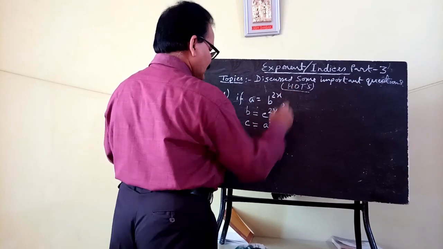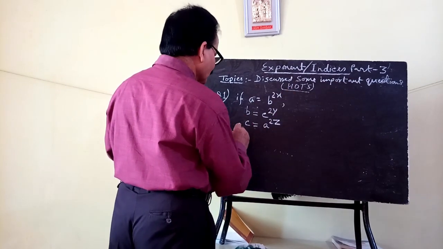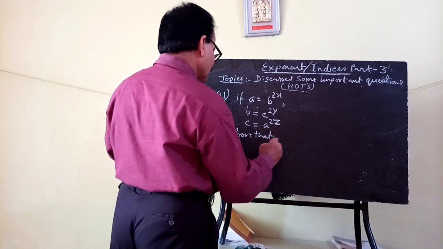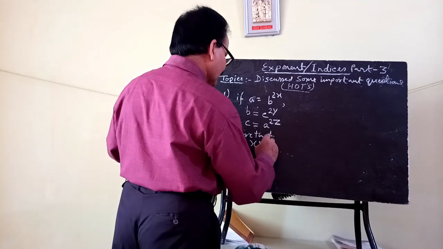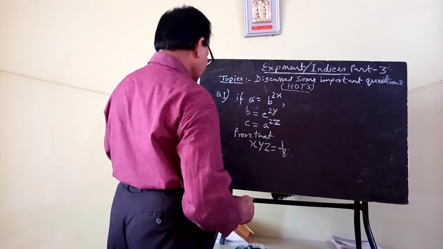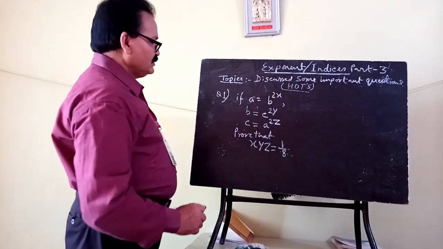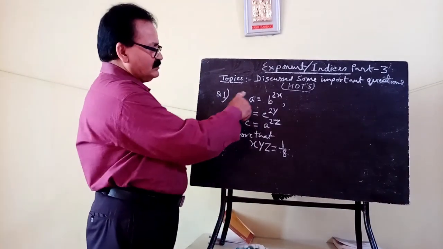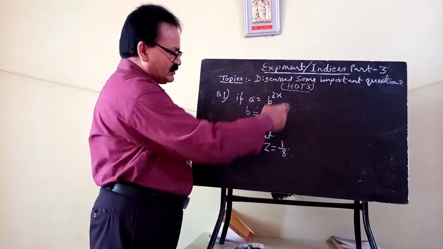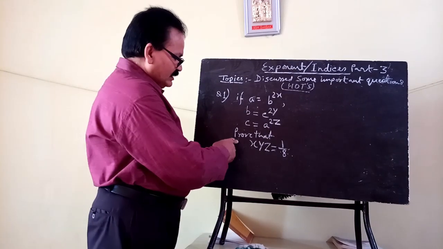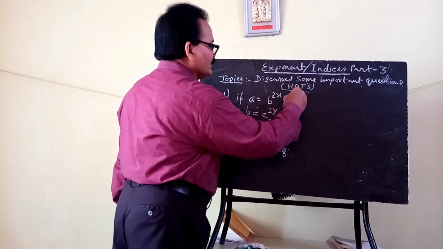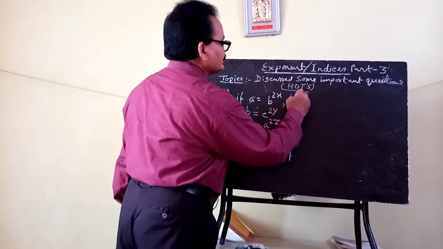These are the given parts. You have to prove that x into y into z equals 1 by 8. So this is your question. Clear? For this type of question, you just write the given.